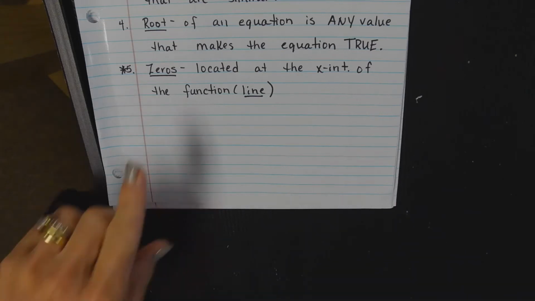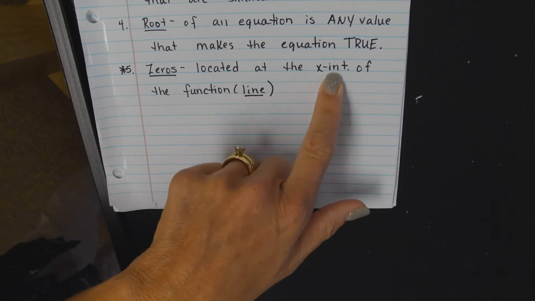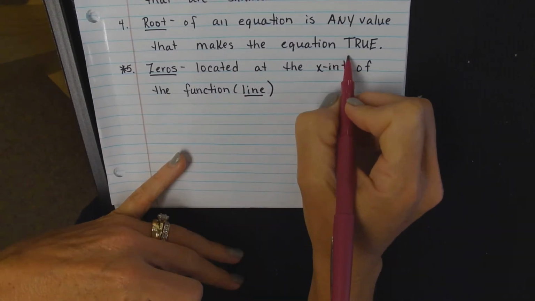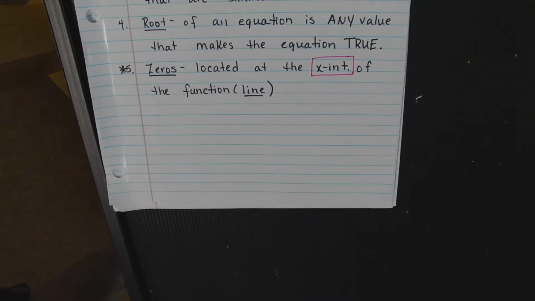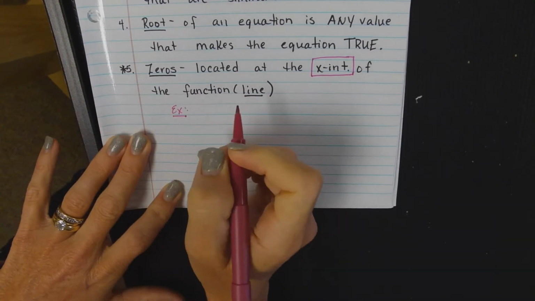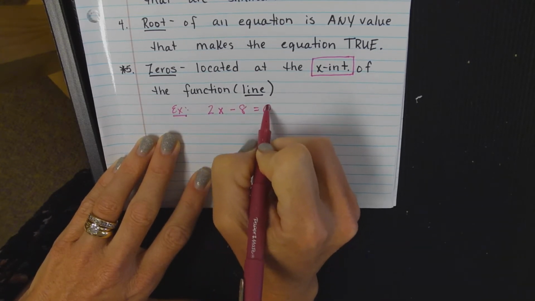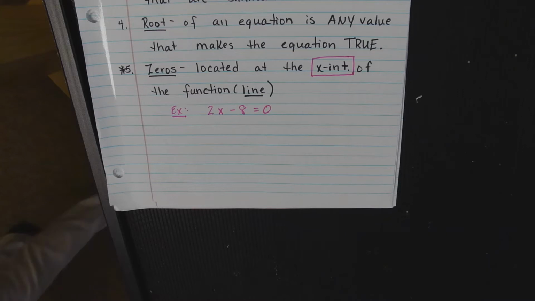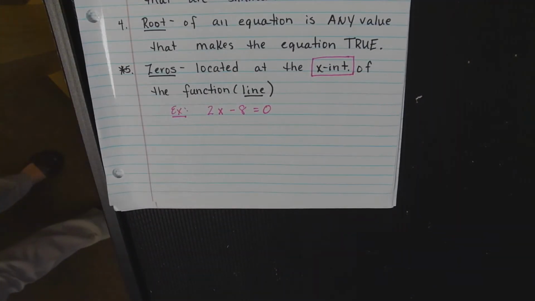Somebody read the definition of zero one more time. Located at the x-intercept. That is basically what we're dealing with today. Looking at this example, if I give you this equation, and I would write this down: 2x minus 8 equals 0.